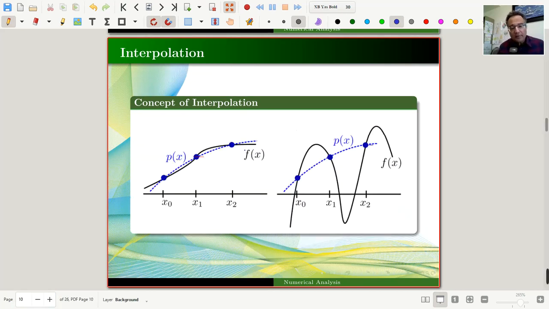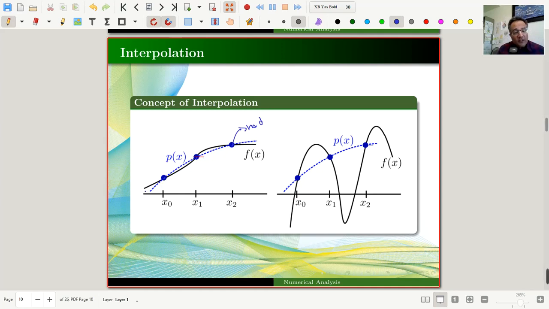Now, if you consider a figure like this, if you have some points here, these big blue circles are nodes. We have, for example, 3 points here.